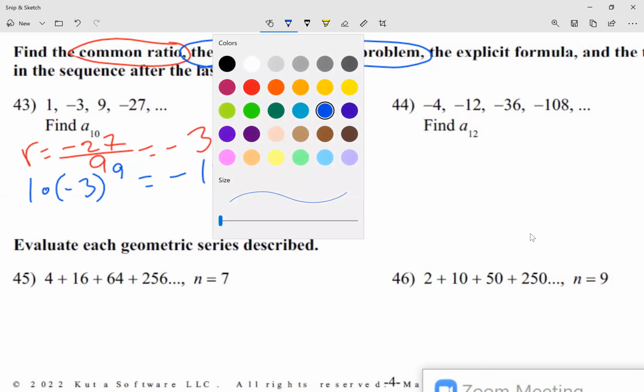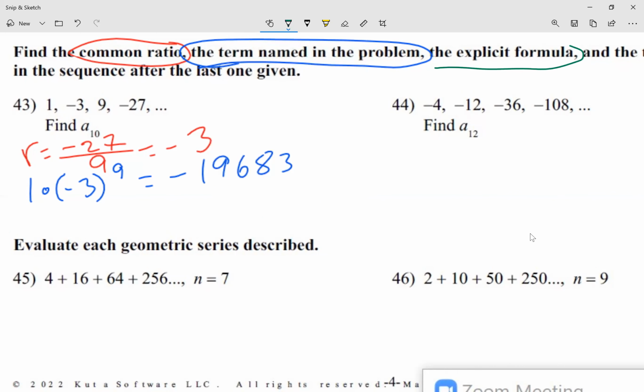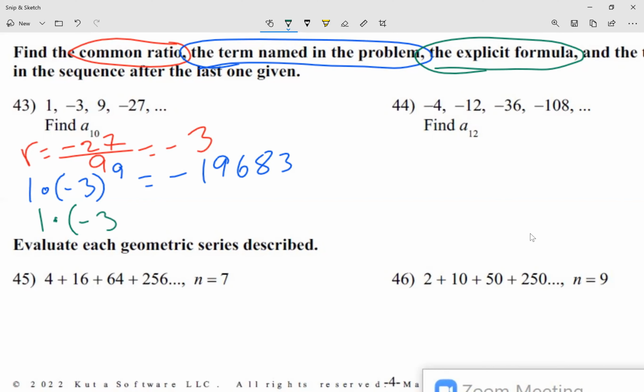Another thing I'm going to ask you guys is the explicit formula. First thing I see is what's the first number on the list? In this case it is 1. What's the ratio? The common ratio we found is negative 3. So I'm going to say negative 3, but as an exponent, I'm going to say n minus 1.